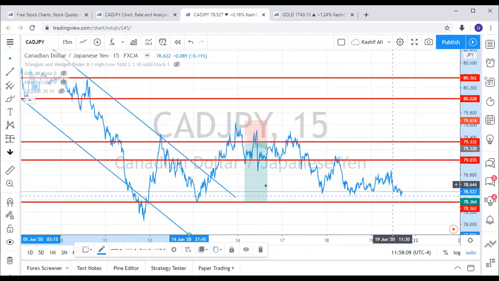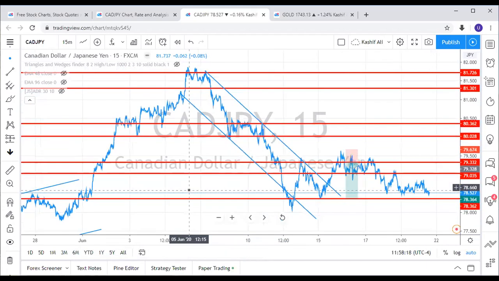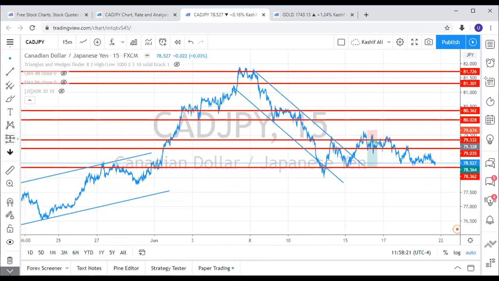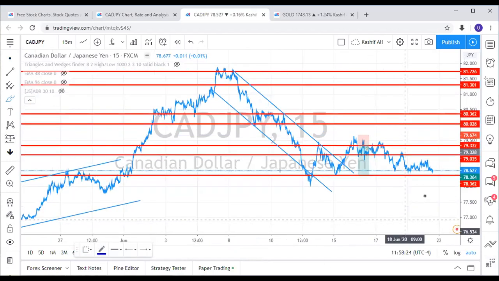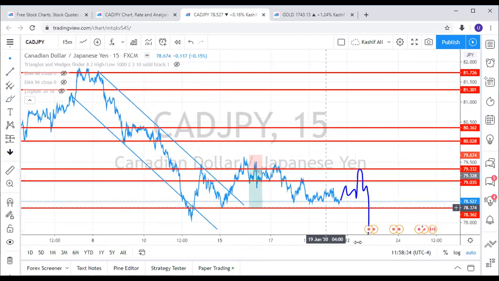And you should know the fundamentals as well, the news about oil. What it might do now, if you look at the left side of the structure, it can do something like that, and then again go down. And the best part is there is news for Japan coming.